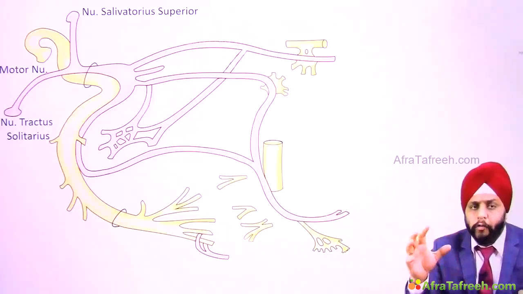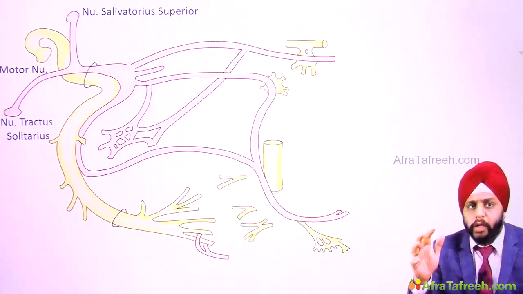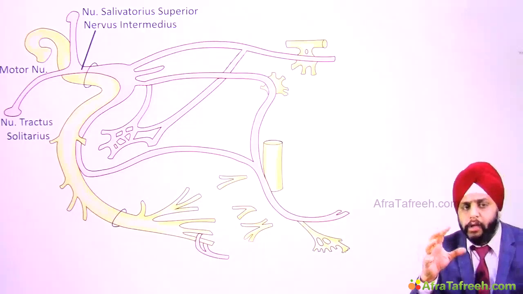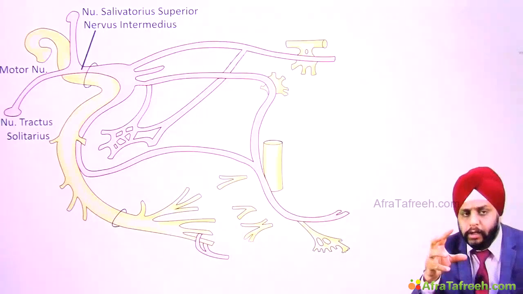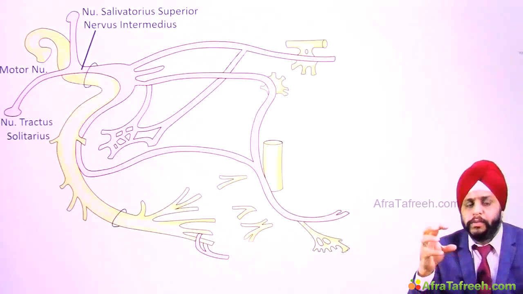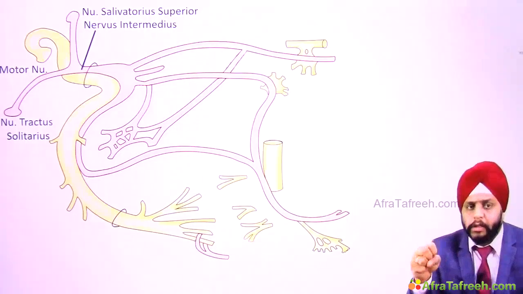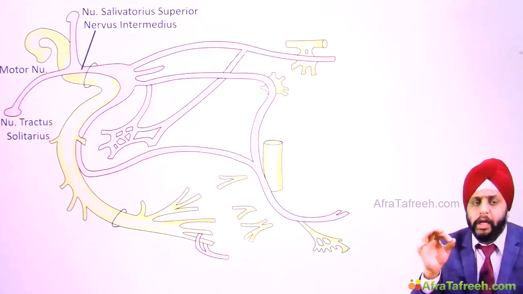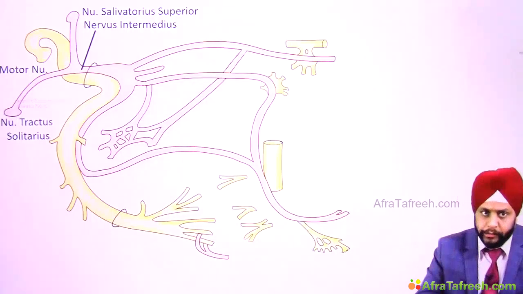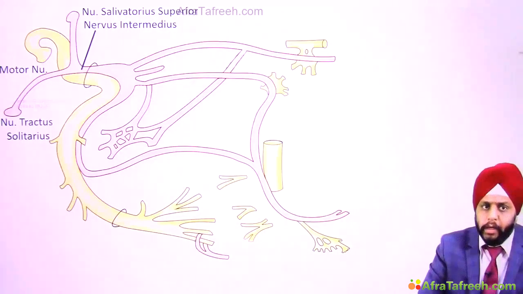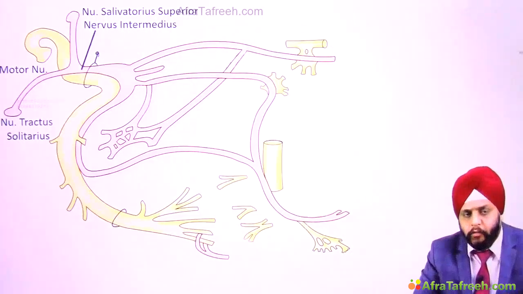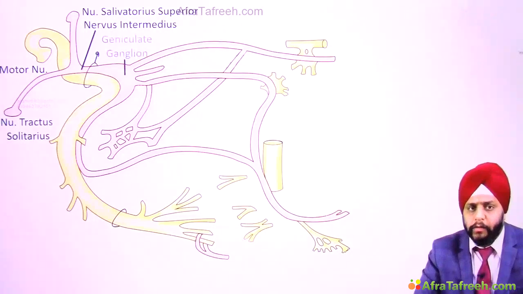Now from here you see the nucleus salivatorius superior and nucleus tractus solitarius, they give the fibers which become the nervus intermedius. This joins the facial nerve in the intrameatal segment, and now the facial nerve becomes a mixed nerve. Now you can see the ring over here. This ring is to mark the meatal foramen. Facial nerve crosses this meatal foramen, becomes the labyrinthine segment. What do we see over here?